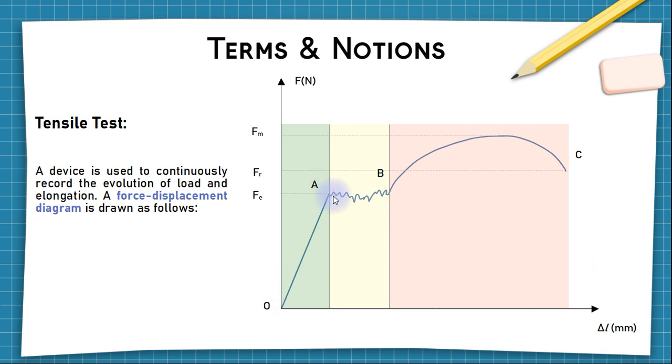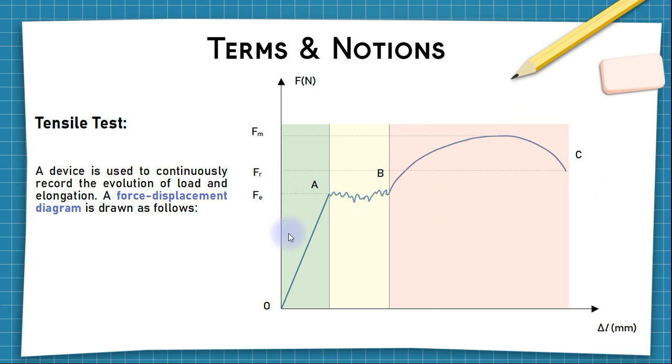So from OA it's almost linear, and then from A to B it somewhat stabilizes, and then we got here a nonlinear part which is like a curve having a maximum, and then it just has a rupture point in here. So these are the same parts that remain for the next and more important graph.